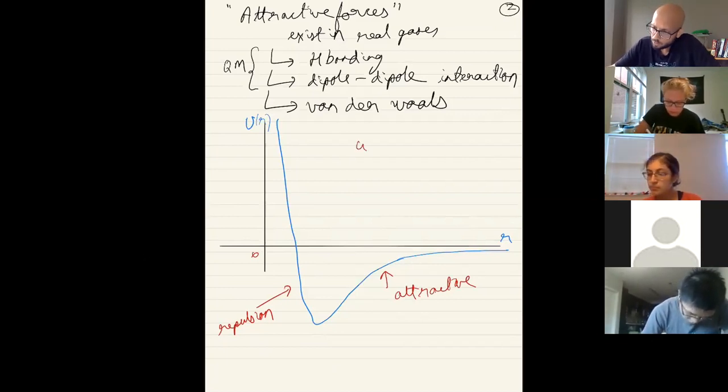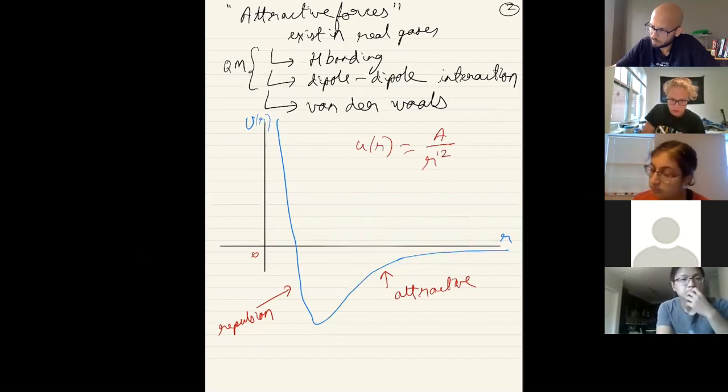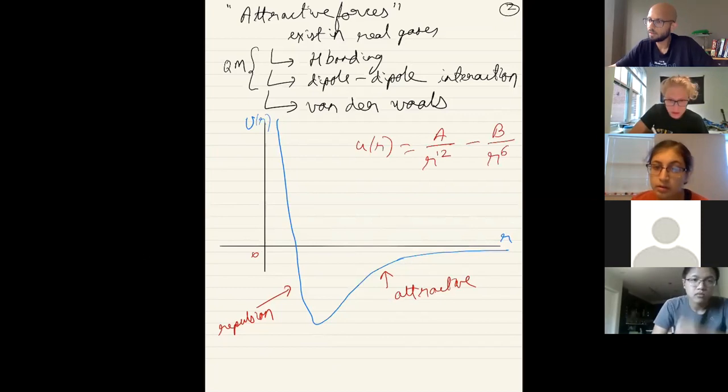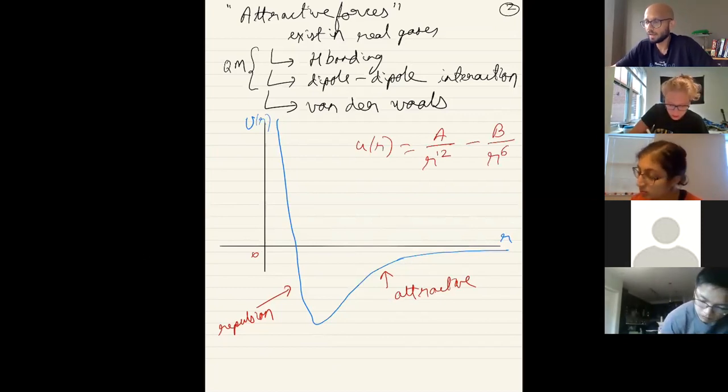A good equation to describe something like this, a typical equation used for things like this, is of the following form: A by R to the power 12 minus B by R to the power 6. For those of you who are interested, you can go and look up why I have these funky 12 and 6 powers. You can actually think of it from first principles by thinking of what is the potential energy of interaction between two dipoles.